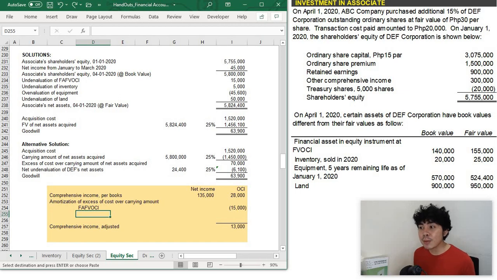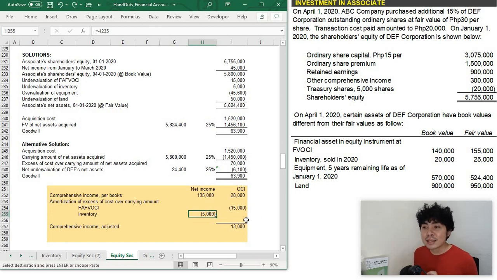So, ibig sabihin, mas mababa yung cost of goods sold na ni-record ni associate sa libro niya. Kasi 20,000 pesos lang yung inventaryo doon. E sa point of view natin na investor, dapat yung inventaryo na nandoon sa cost of goods sold should be based on 25,000 pesos. So kaya, para maging 25,000 pesos, yung inventaryo na part ng cost of goods sold, ang gagawin natin is ibabawas natin yung 5,000 pesos sa 135,000 pesos.